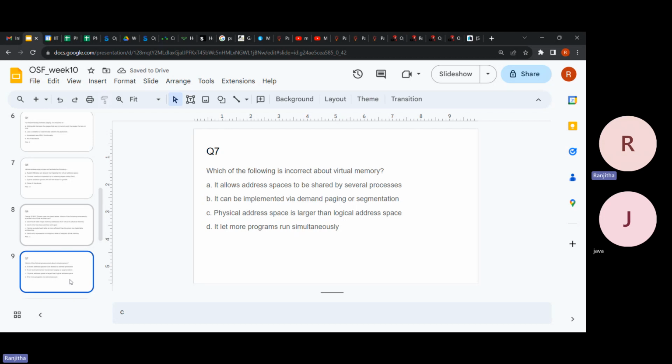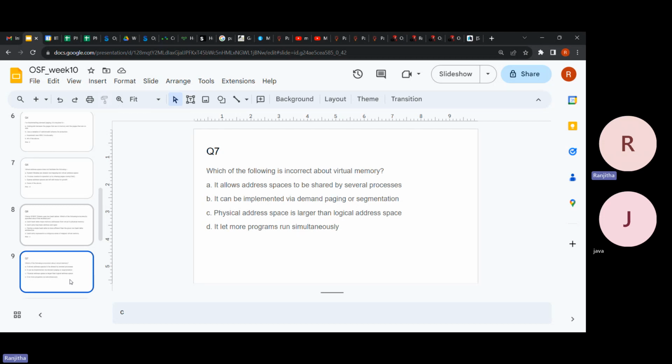Which of the following is incorrect about virtual memory? It allows address spaces to be shared by several processes. It can be implemented via demand paging or segmentation. Physical address space is larger than logical address space. It lets more programs run simultaneously. It allows address space to be shared by several processes, true.